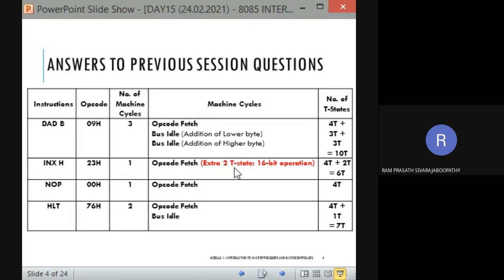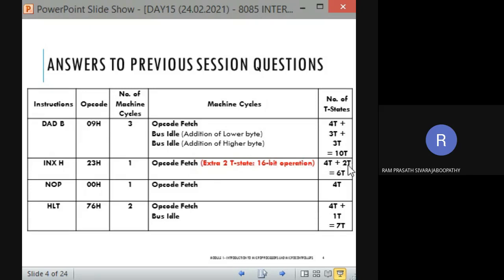That's all. Please remember one thing. Some of the instructions take 6 T states for opcode fetch. Not all the instructions, only some of the instructions require 2 more T states for the opcode fetch machine cycle. In the case of INX H, it takes 6 T states.